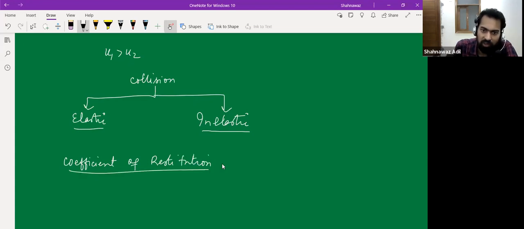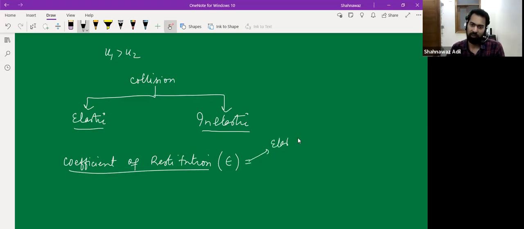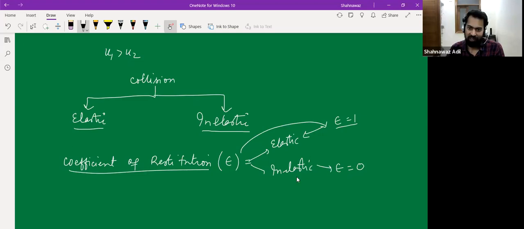This epsilon decides whether the collision is elastic or inelastic. If the value is 1, then the collision is elastic, and if this value is 0, then it is perfectly inelastic.